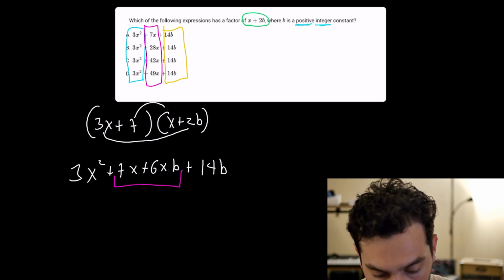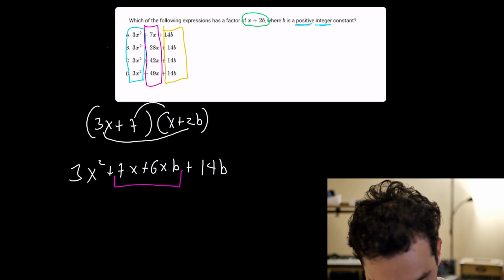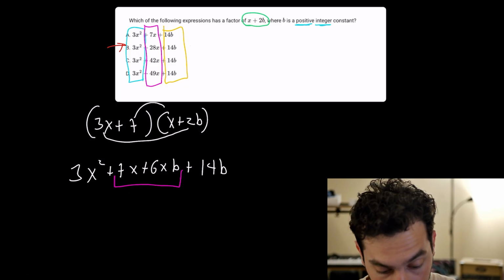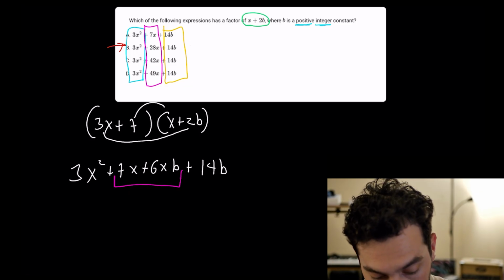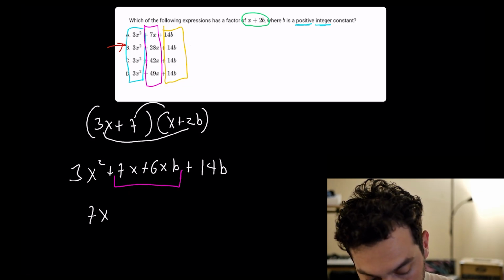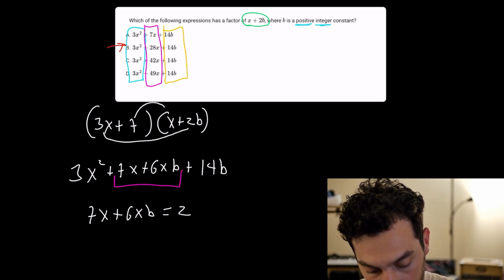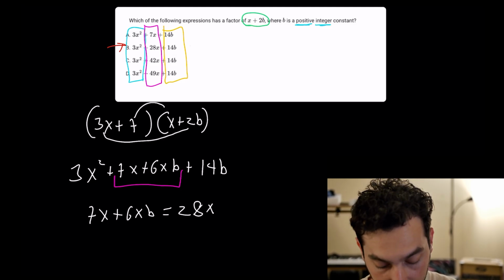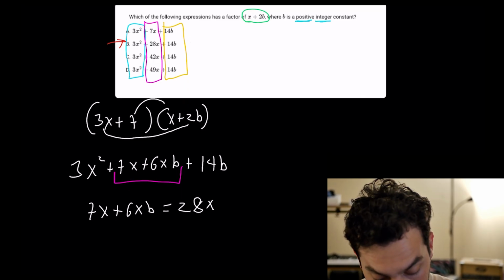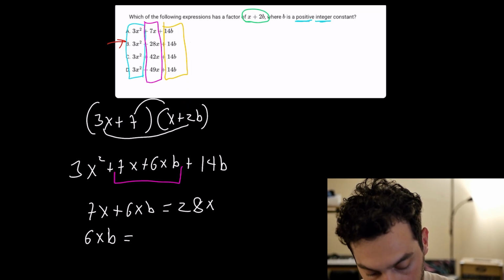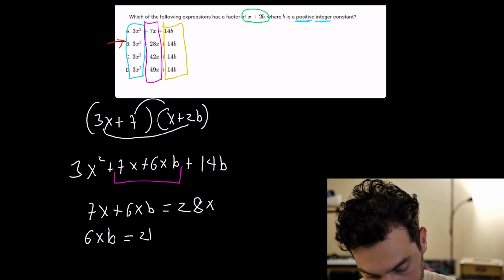Let's start checking at choice B. We know that middle term should be equal to 7x plus 6xb. So let's actually set up that equation. 7x plus 6xb is equal to 28x. And we can start solving this. Subtract 7x on both sides, and we get 6xb equals 28x minus 7x, which is 21x.